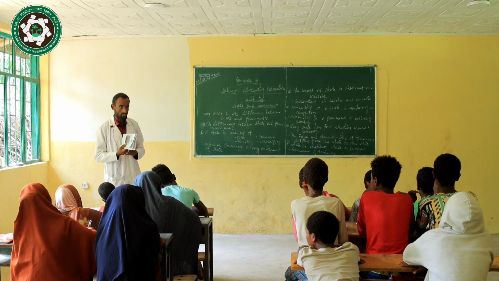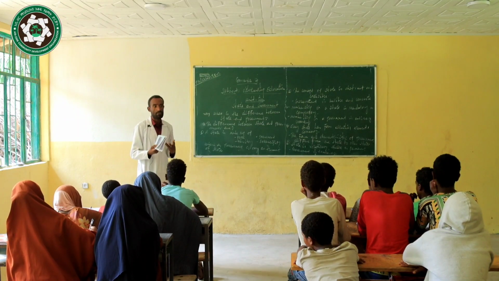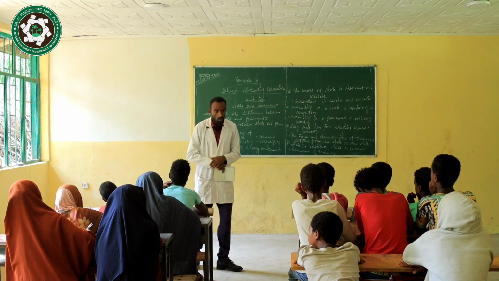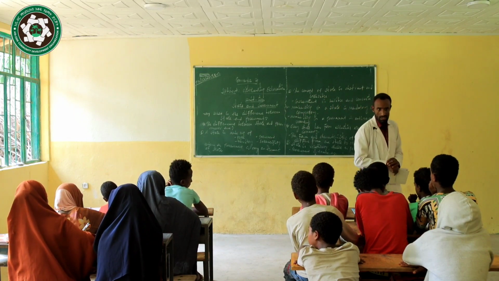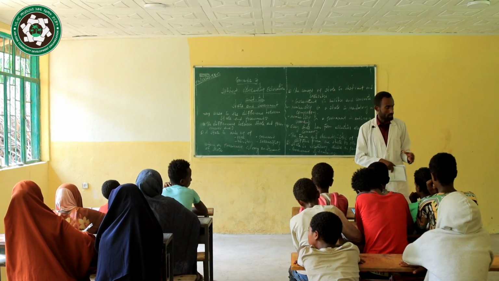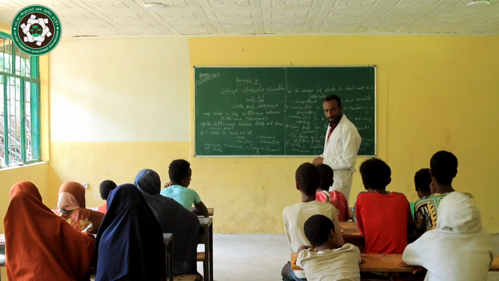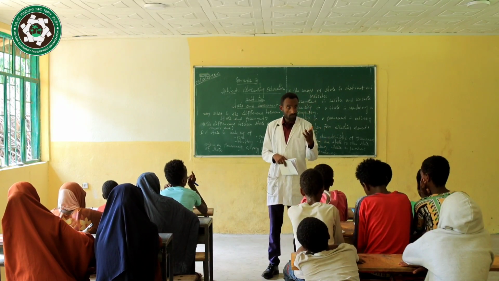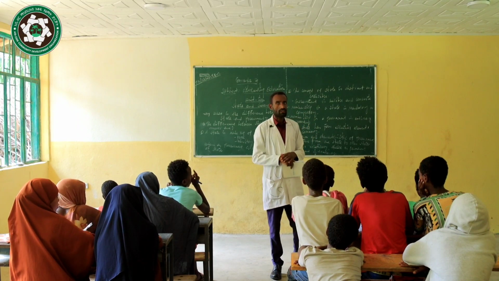Every state, every country must contain four elements. Please tell me the four elements of state. Can you tell me their names first of all? Nuruddin, can you tell me?